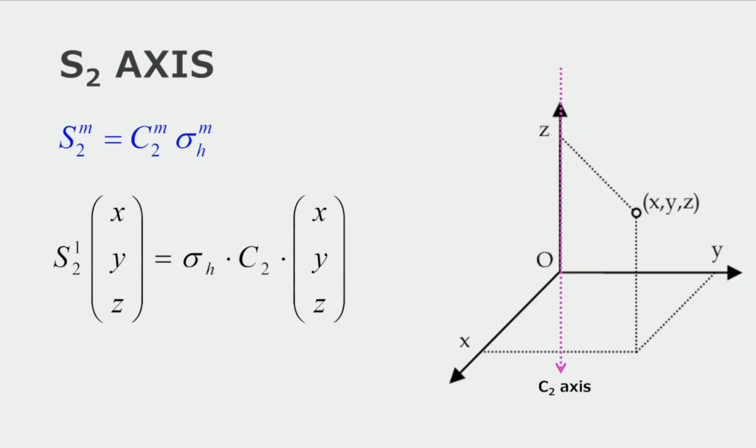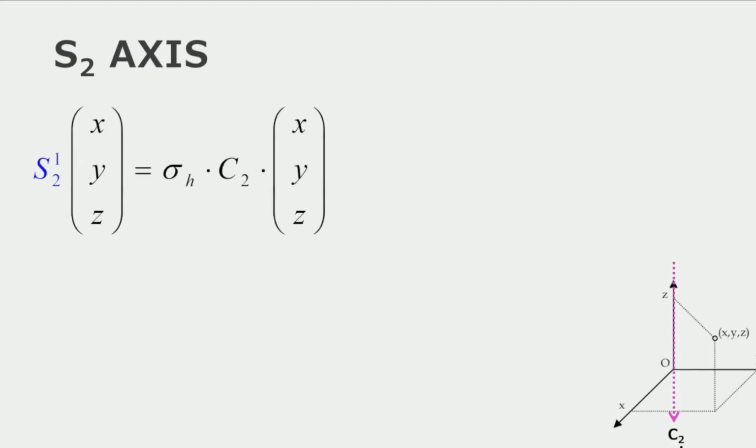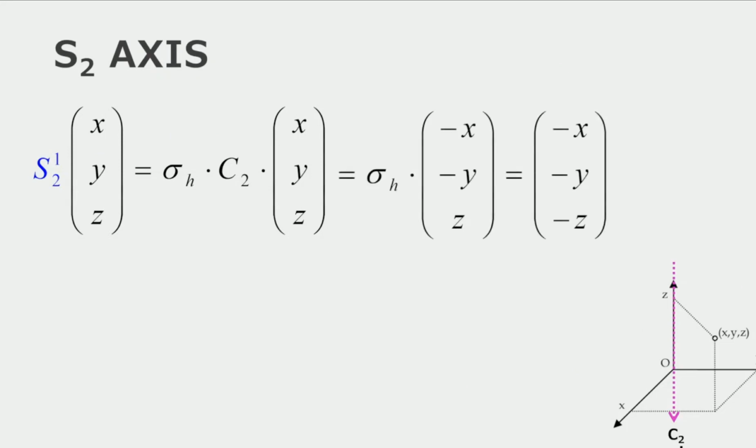So if I rotate it about the z axis, this point x, y, z changes from x to minus x, y to minus y, and z doesn't change because I'm applying the operation along the z axis. So it becomes minus x, minus y, z. We are left with one more operation, which is sigma h.